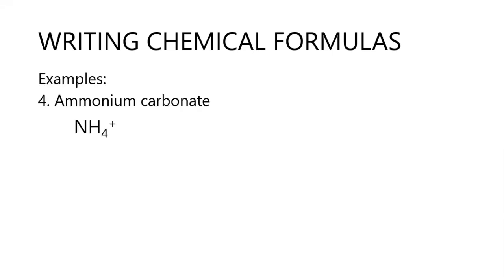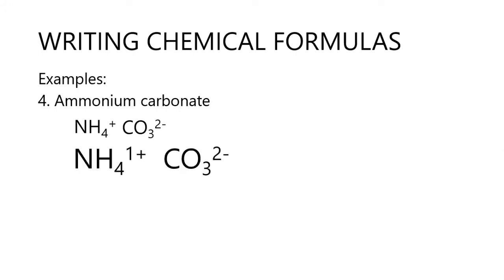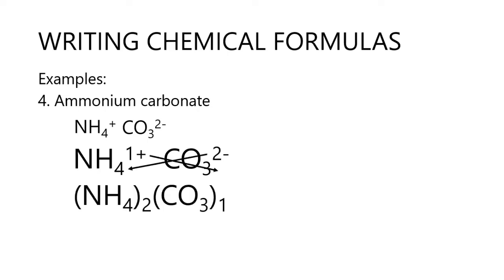Next, for ammonium carbonate, okay, may nakatago ulit na 1 doon kay ammonium. Crisscross, you will get NH4. Naka-enclose po sa parentheses kasi kapag walang parentheses, magkatabi H4 tsaka 2. Aakalain nyo siyang NH42. Kaya dapat mag-ingat tayo at maglagay tayo ng parenthesis kasi itong 2 na ito ay hindi lang para kay hydrogen.